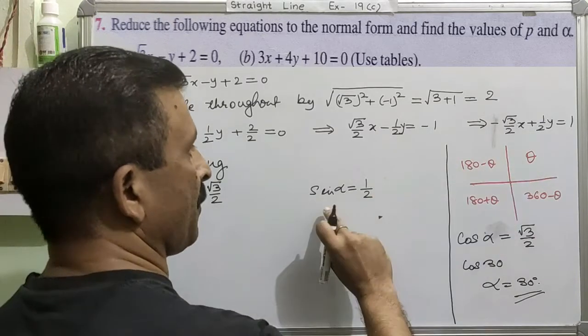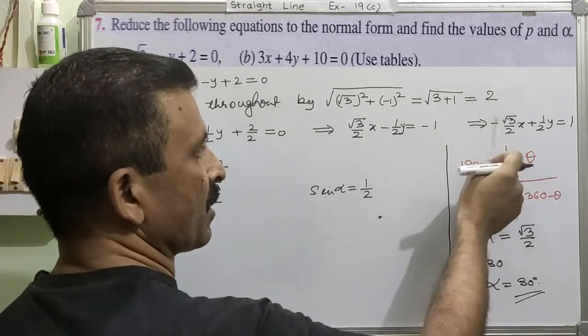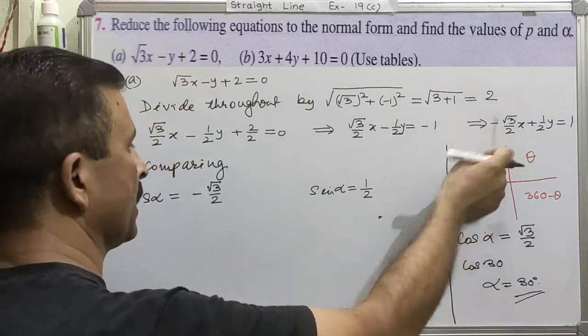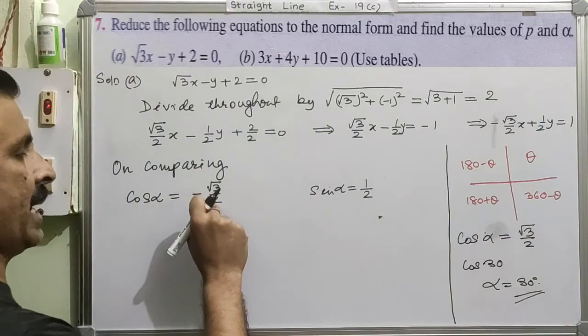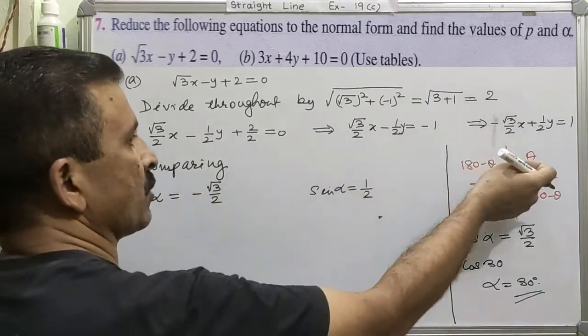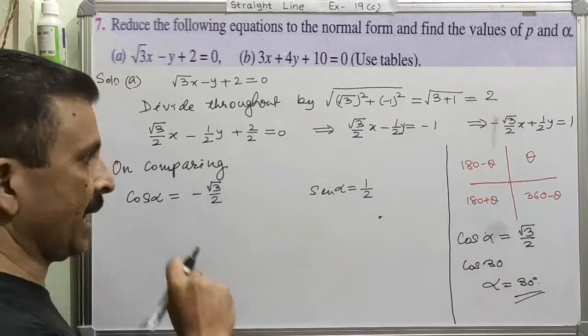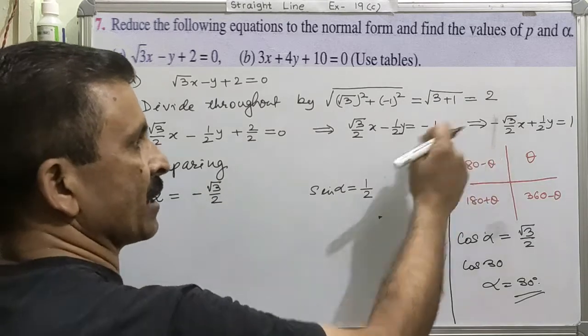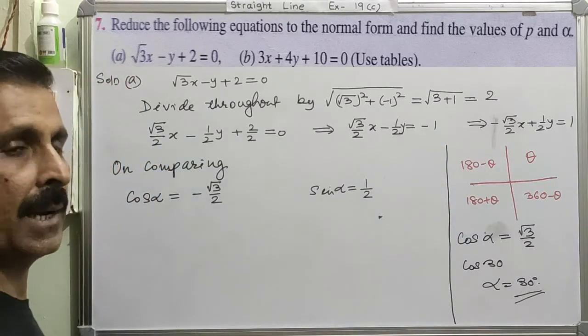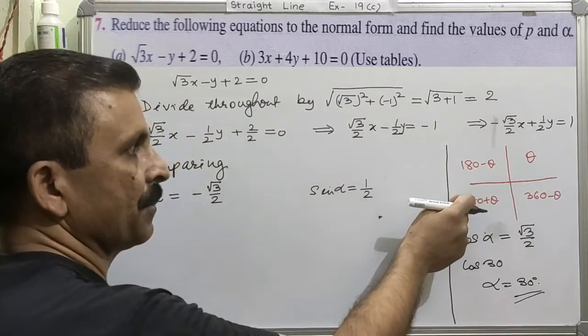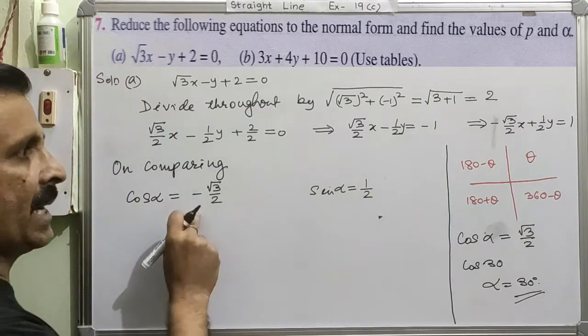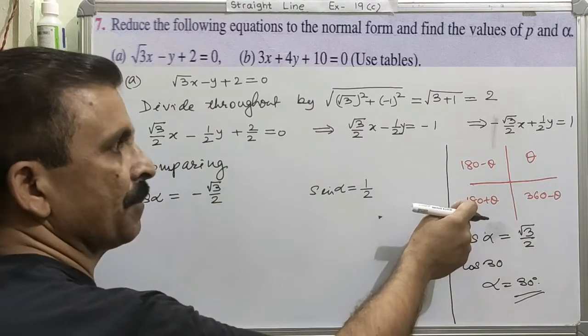So now we got the first clue that this could be either in first or in the second quadrant. Now this cos cannot be in the first quadrant because it is negative. If it is in first quadrant, then it would have been positive. That means this is definitely in second quadrant. Clear? Because cos is negative in second and third quadrant.